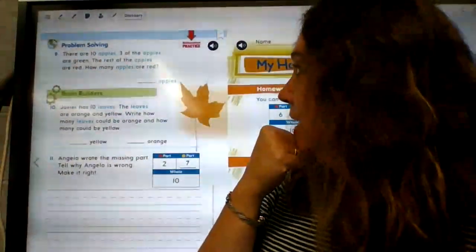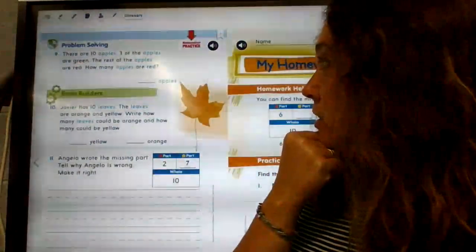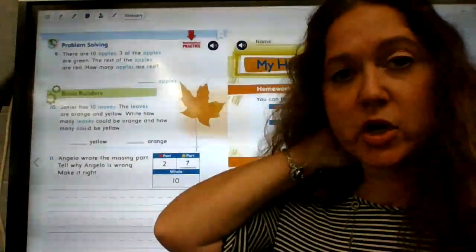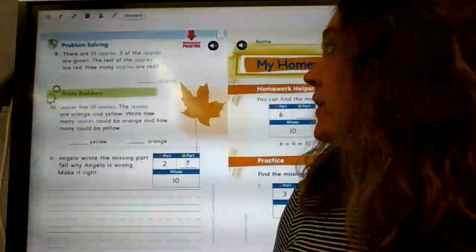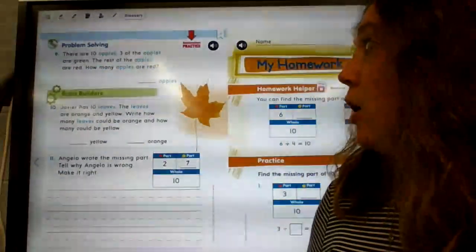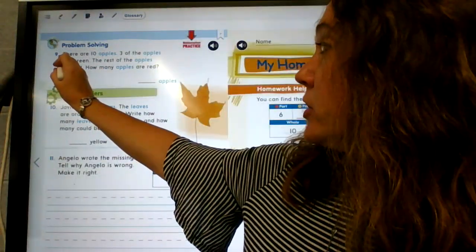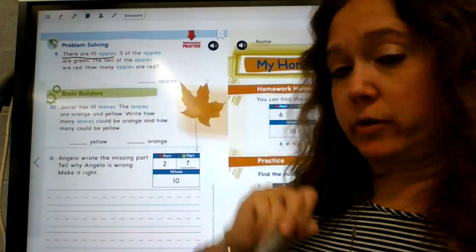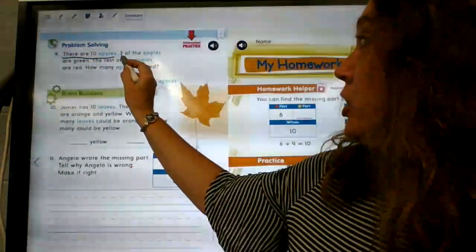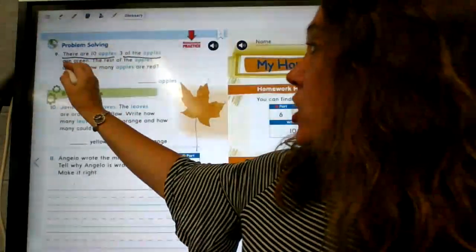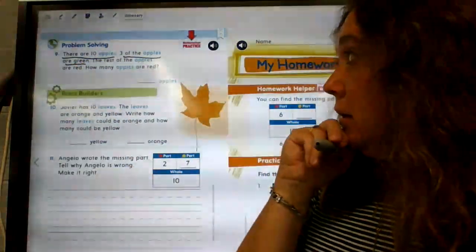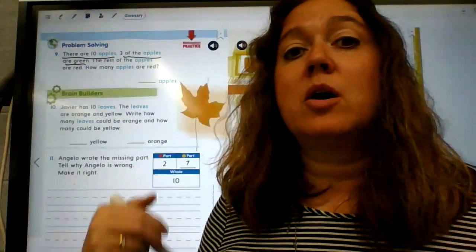There are 10 apples. 3 of the apples are green. The rest of the apples are red. How many apples are red? So we know there are 10 all together, and 3 of the apples are green. The rest are red.